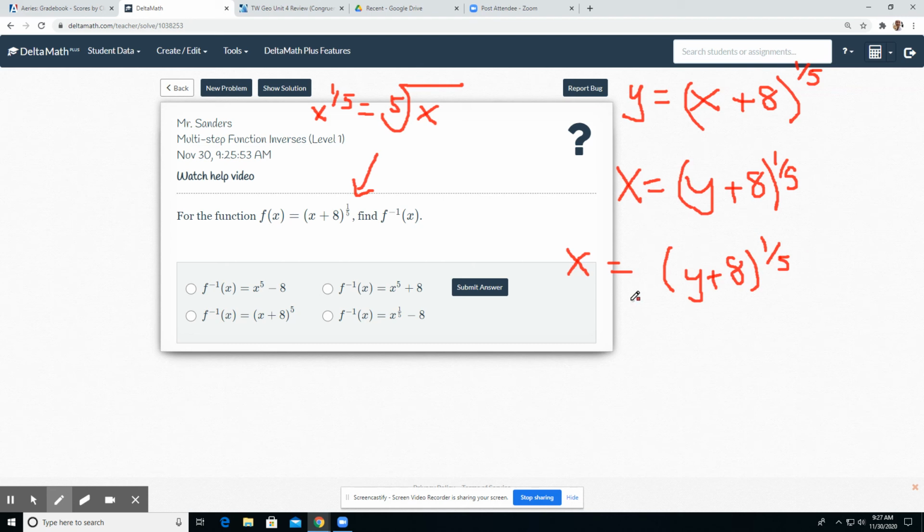To get rid of that 1/5, that's the same thing as radical 5, so I put everything to the 5th power. You can rewrite it as radical 5 if you're more comfortable with that, but at algebra 2 level, and even some more advanced algebra 1 levels, be ready. An exponent to an exponent means multiply. That undoes it. And what you do to one side, you do to the other.